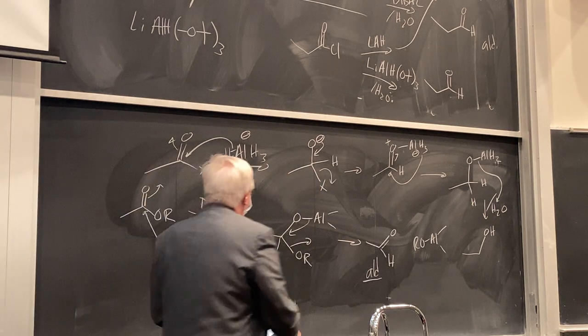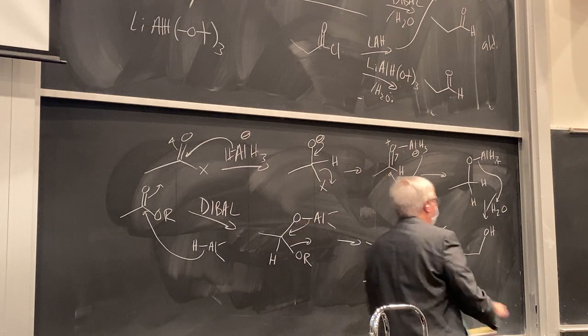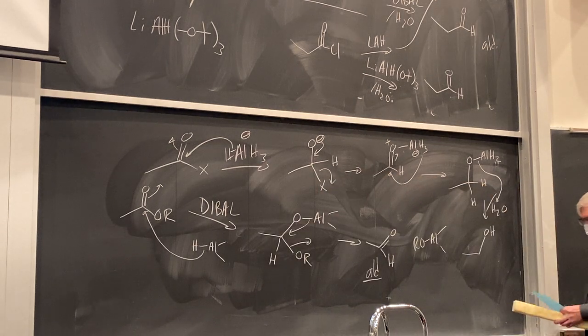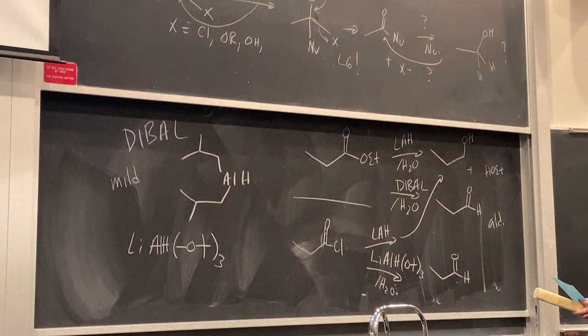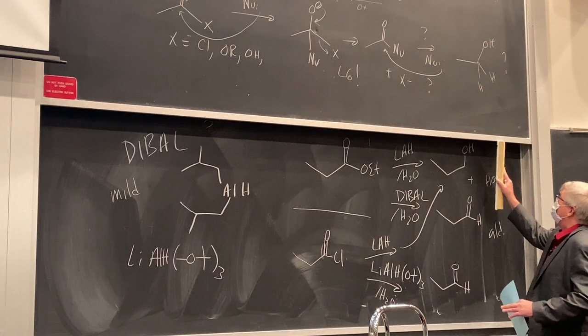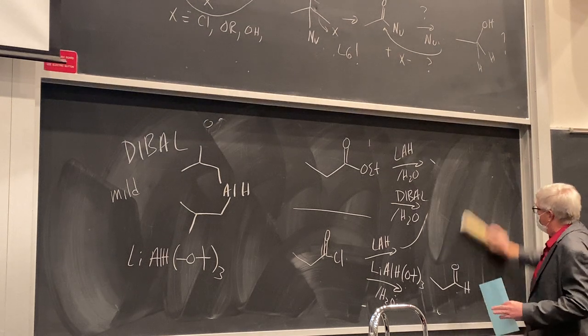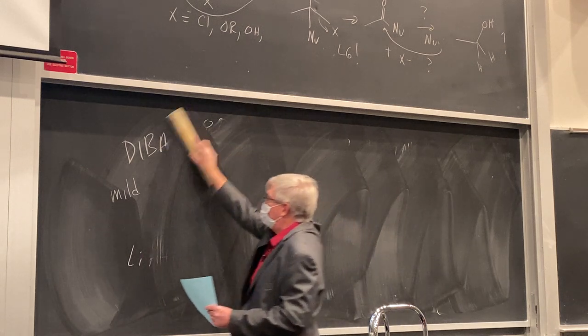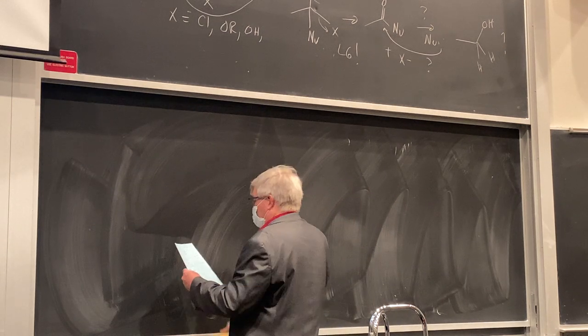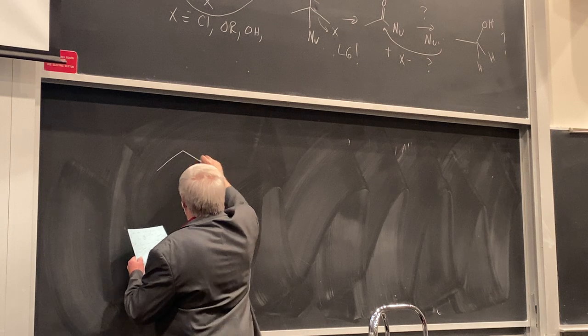Okay, a little bit more on this with LAH. And this is a little bit trickier mechanism, but the concept is the same. LAH, of course, we're using as a strong hydride reducing agent.